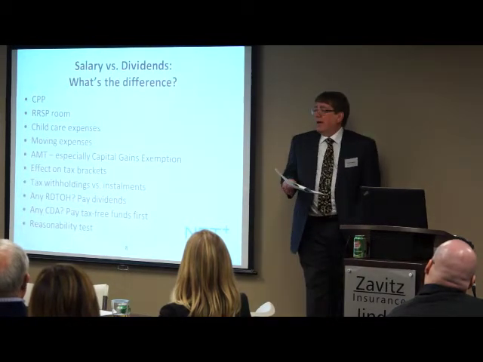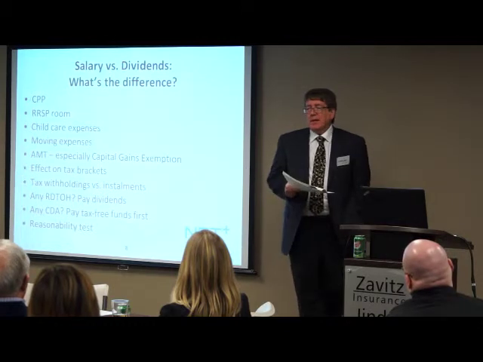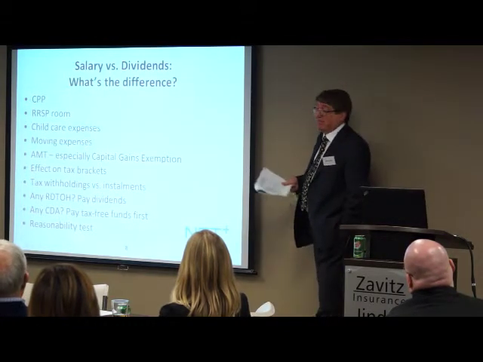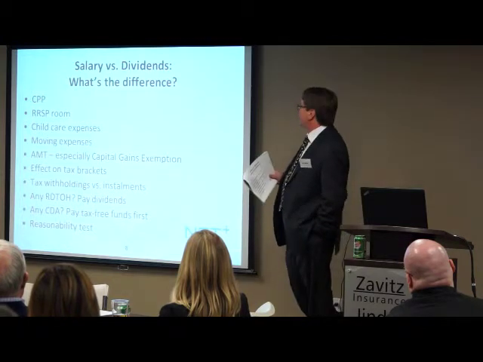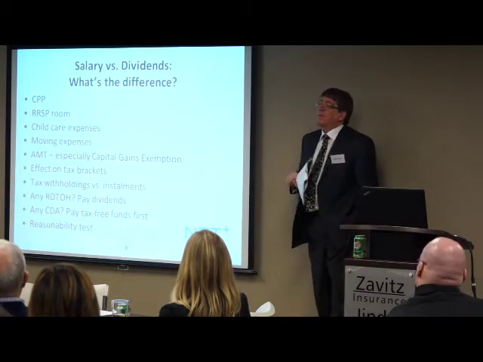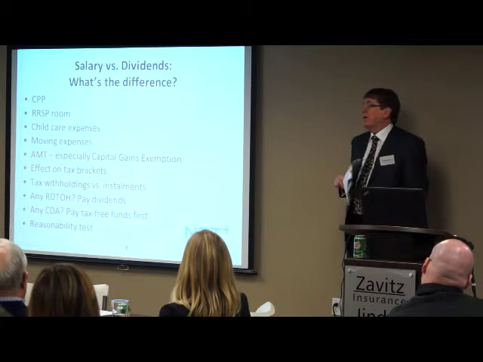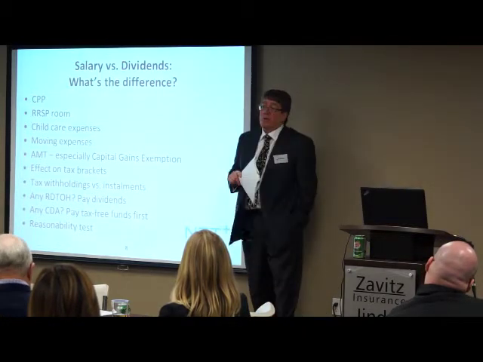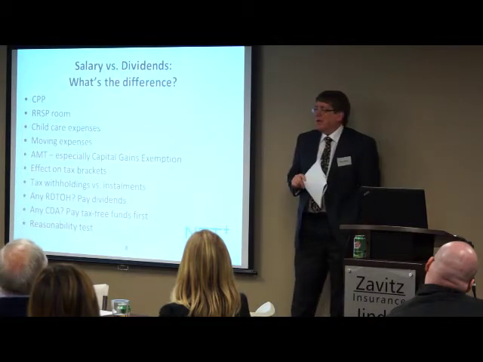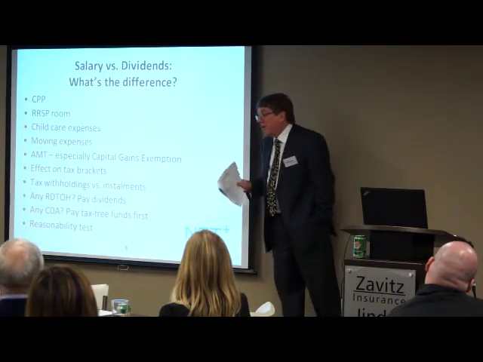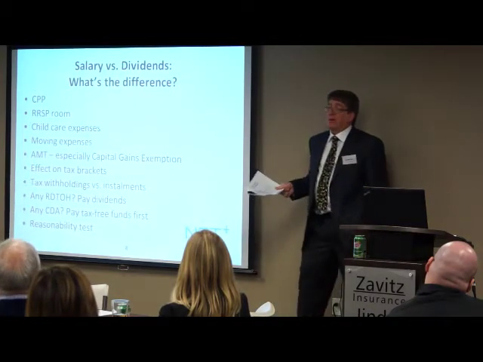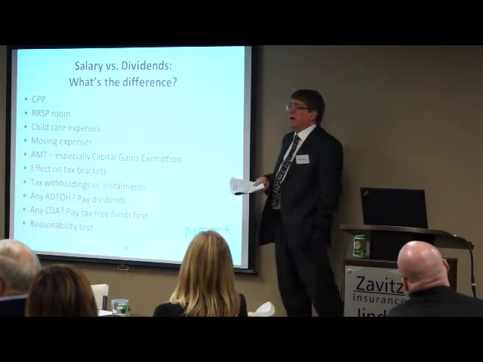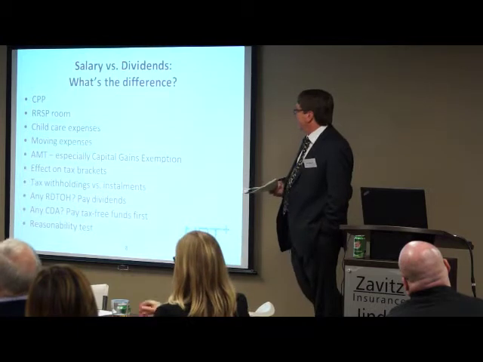Anyway, AMT planning is a little bit easier if you're earning salaries instead of dividends. So it's situational. There's a bit of an effect on the tax bracket you're in if you earn dividends. If you receive $100 of dividends, you actually have to report 118 or 125, some higher amount on your personal tax return, and you get dividend tax credits and all that, but it tends to push you into a higher tax bracket, so that can have an impact.